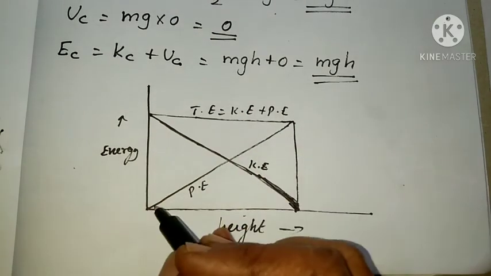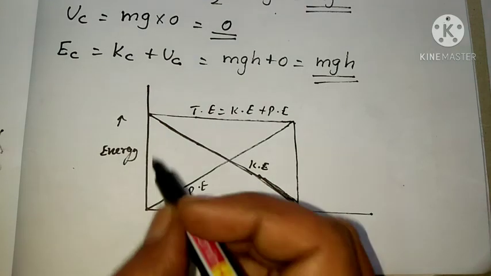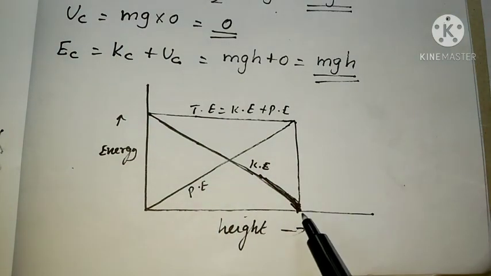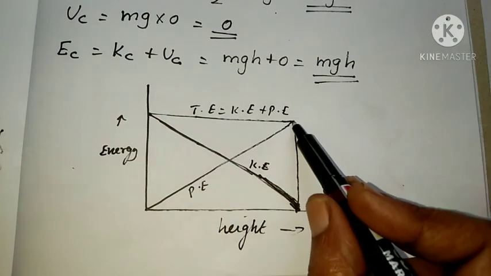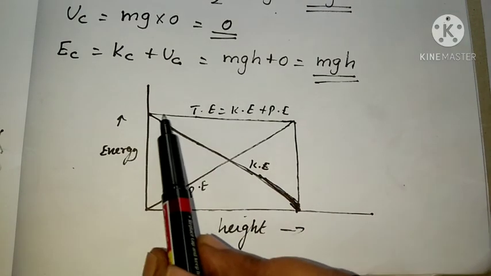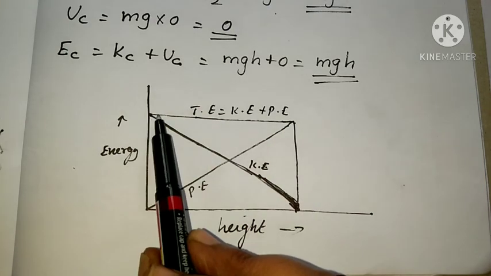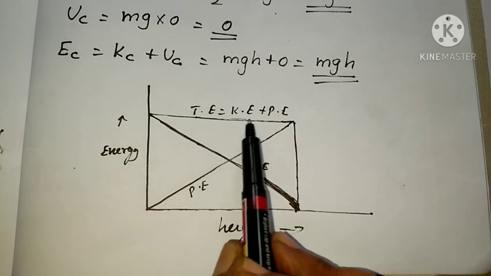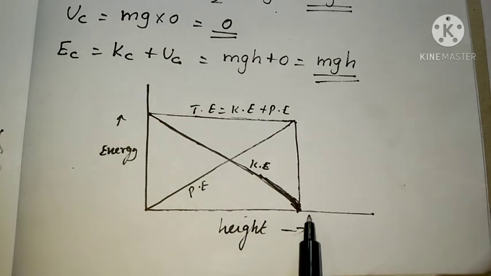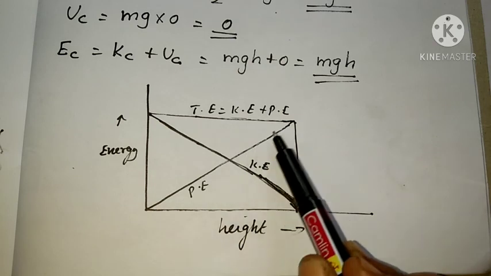When the height h equals 0, this is the origin, potential energy is 0, kinetic energy is maximum. Then when the height increases, potential energy becomes maximum, kinetic energy is 0. So what is the total energy? It should be a constant. So the graph of the total energy is a straight line parallel to the height axis or x-axis.